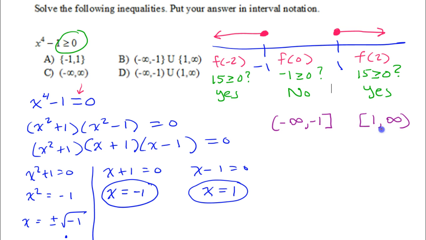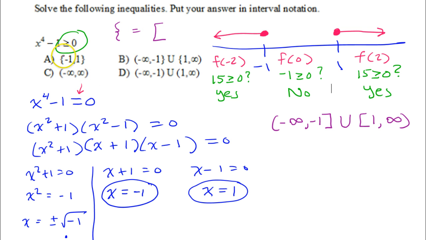Whenever you have more than one interval as part of your solution, you're going to use this union symbol to join them. Now, they're using these braces. This question was generated by software, and they're using braces instead of square brackets.